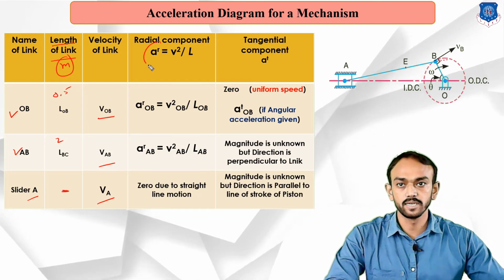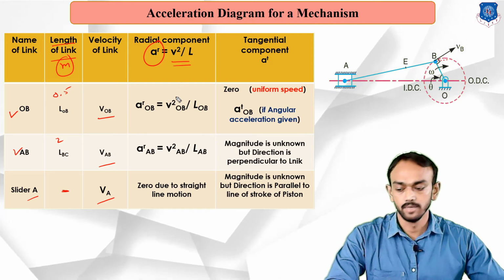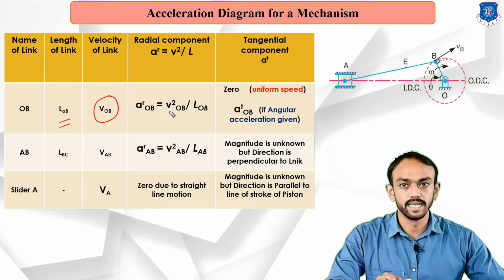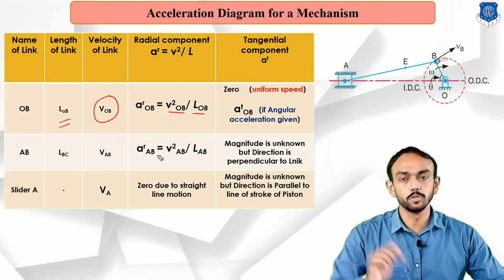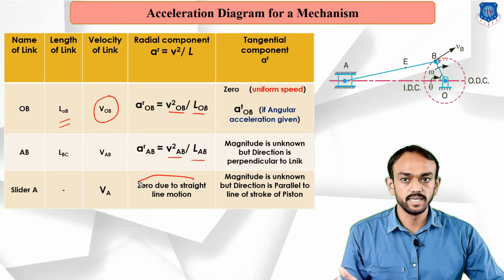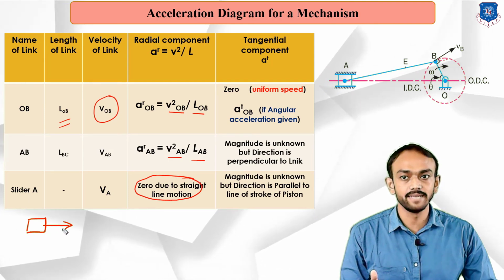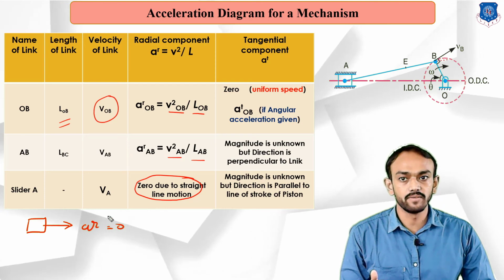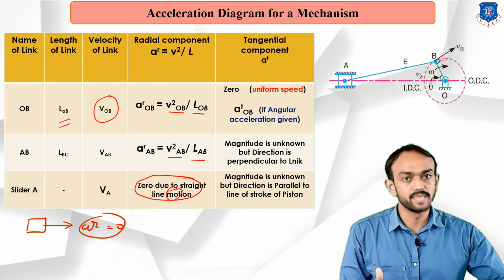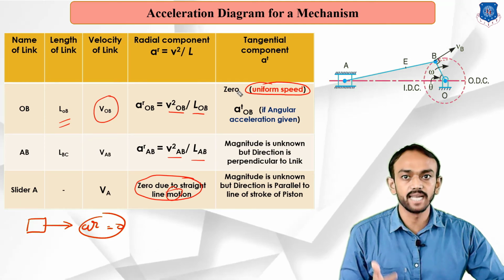After that, as you know, the radial component is v square by L, velocity squared divided by L. So we divide velocity squared by this link's length, v square by L, and the same for the second link, v square by L. But you can see the 0 here due to straight line motion. The slider is moving in a straight line, so its radial component will be 0. And OB is a crank, so if the crank is rotating at a uniform speed, there will be 0.